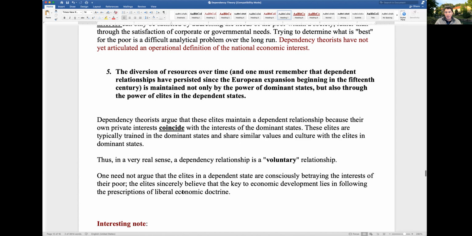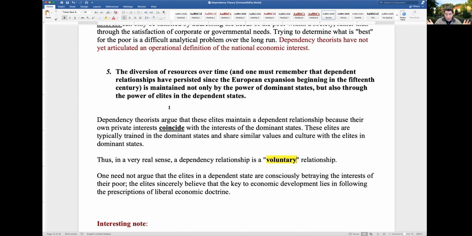So in a way, you can think of this dependency relationship as "voluntary." And I'm using these quotes because, in a way, it is domestic leadership, the rich elite in poor countries, forming alliances with rich people in rich countries on a voluntary basis because their interests coincide.